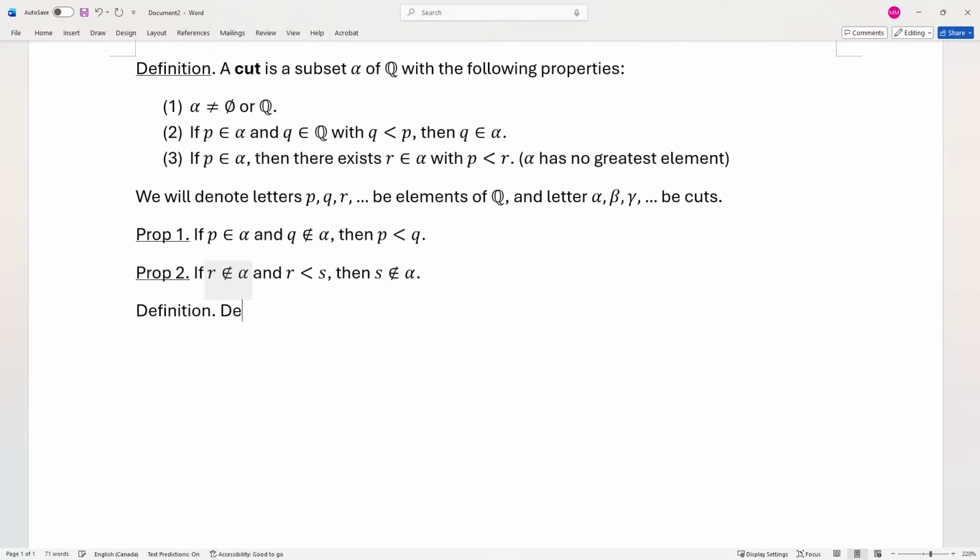Okay, so actually, let me start by writing the notation first. Denote R plus the set of all positive cuts.